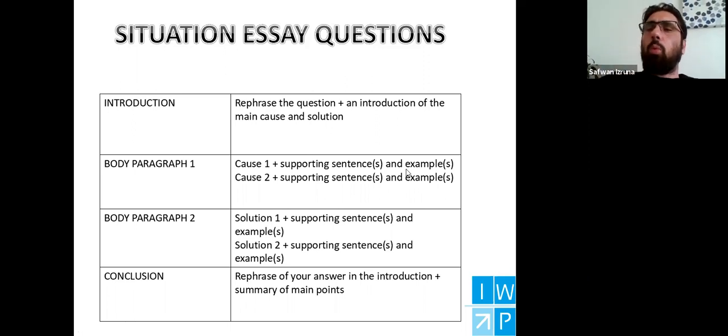Yes, but what's the relationship? So I could put people use computers, but how would we relate that to people being overweight? I might say people smoke cigarettes, and someone might say, well, what's the relationship between smoking cigarettes and being overweight? So whenever we give an idea, it's not enough. We have to also state why our opinion is relevant.